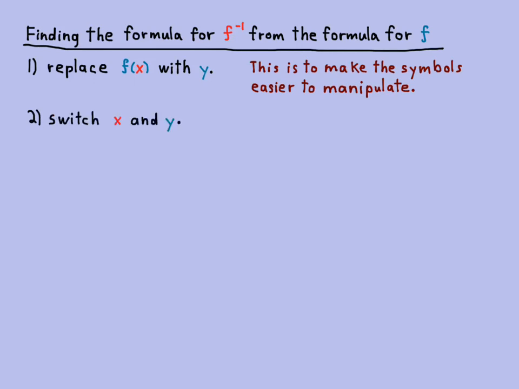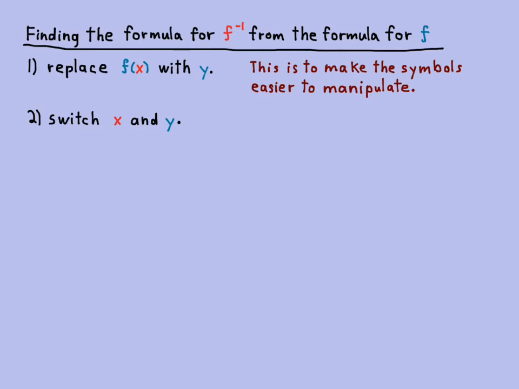Okay? So then you switch x and y. Remember, doing the inverse, you're switching the first and second coordinate, which, if you're talking about formulas, is the same thing as switching x and y, or your independent variable and your dependent variable, whatever they are. So here we're just using x and y. You just switch. So everywhere there's an x, you put a y, and everywhere there's a y, you put an x.